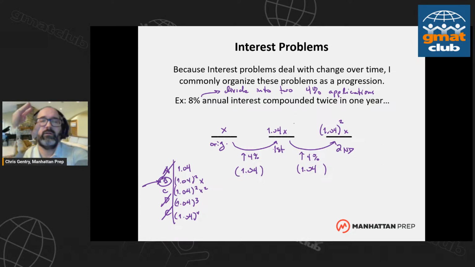If it's compound interest, if you have a new interest applied to each new result, then it's times 1.04 times 1.04 times 1.04. As for knowing which one to use when, pausing to think for a moment. So that will depend on the story.